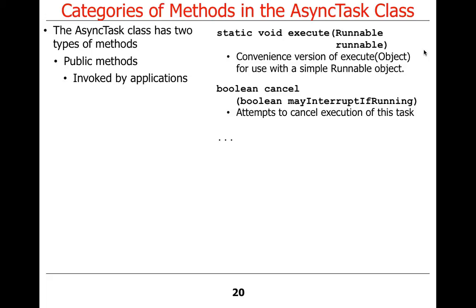And there's also something called cancel, and you can basically use it to shut something down. Cancel is sort of the async task equivalent of interrupt on a thread. We'll talk a bit more about that in a second. So here's basically execute. You can go ahead and give it something to work on.